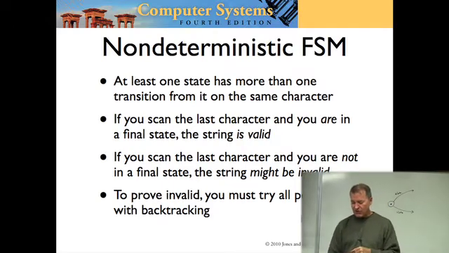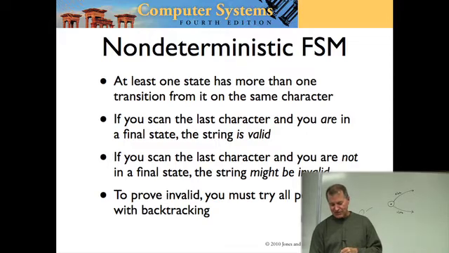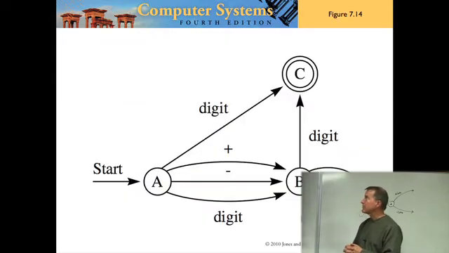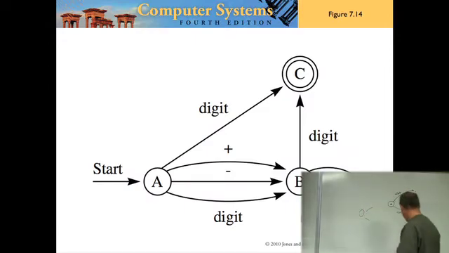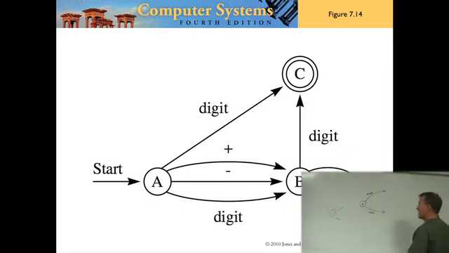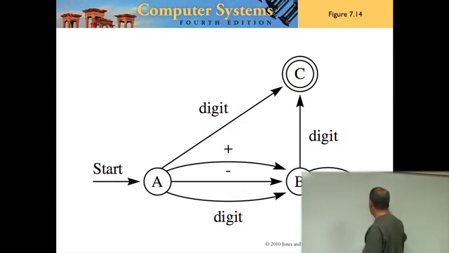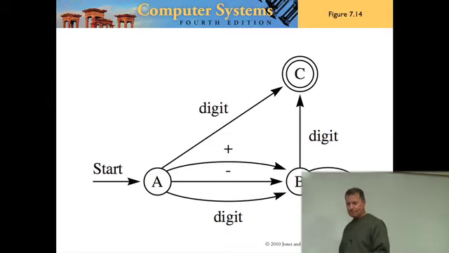Now, to show you that non-deterministic finite state machines are actually useful, here is an example in figure 7.14 of a non-deterministic finite state machine that I think you can see recognizes a possibly signed integer.